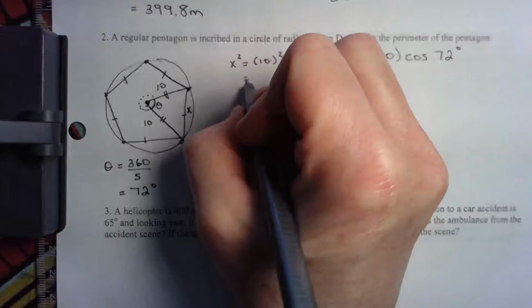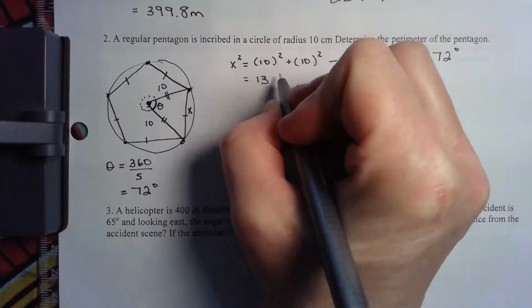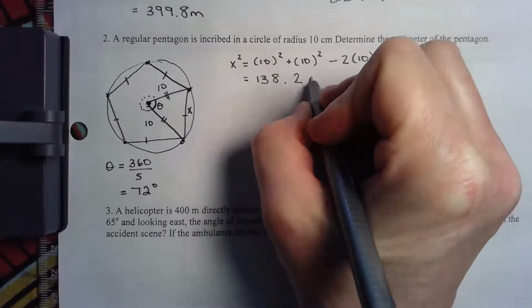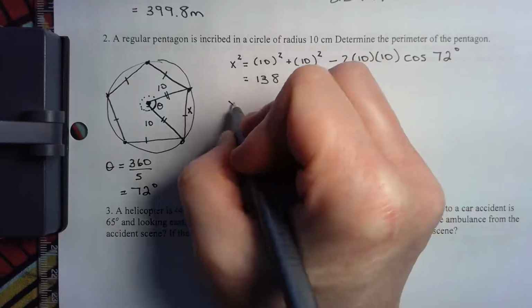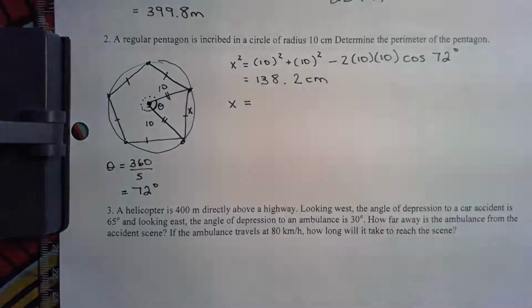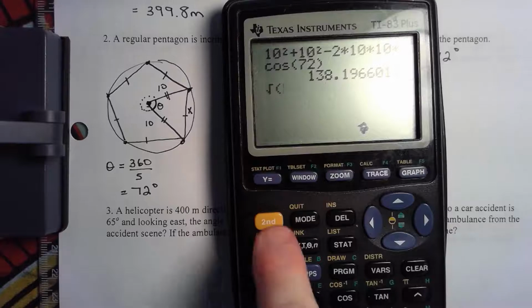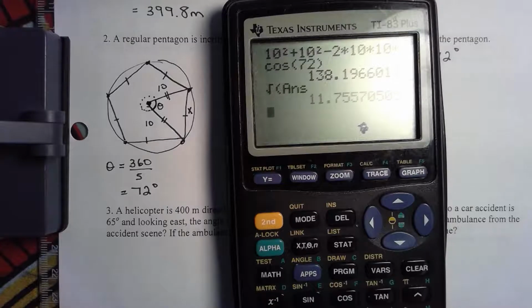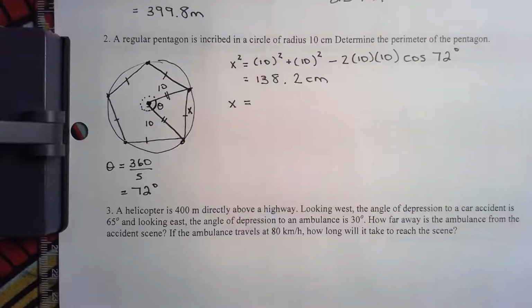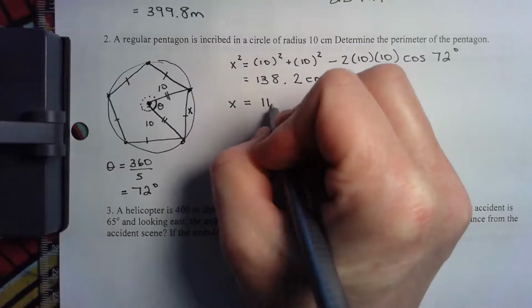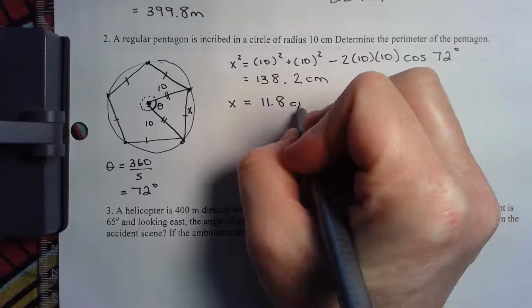So this is going to equal 138.2 centimeters. So then x then is going to be the square root of that. So if I bring back my calculator and I take the square root of 138.2, I get 11.8. So x is going to equal 11.8 centimeters.